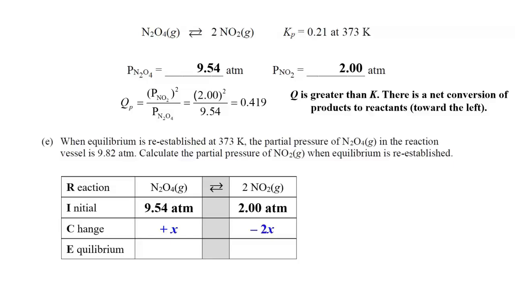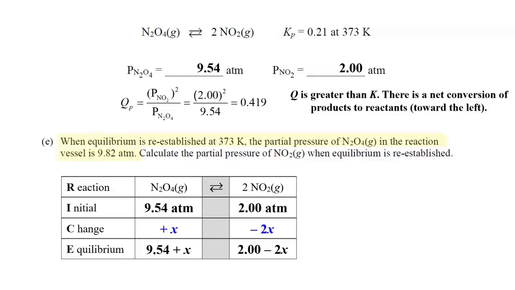Again, notice that it's X and 2X because the coefficients from left to right are 1 and 2. So the magnitude of change is always proportional to the coefficients in the balanced equation. So 9.54 plus X is the pressure of the N2O4 when equilibrium is reestablished, and 2 minus 2X is the pressure of the NO2 when equilibrium is reestablished.